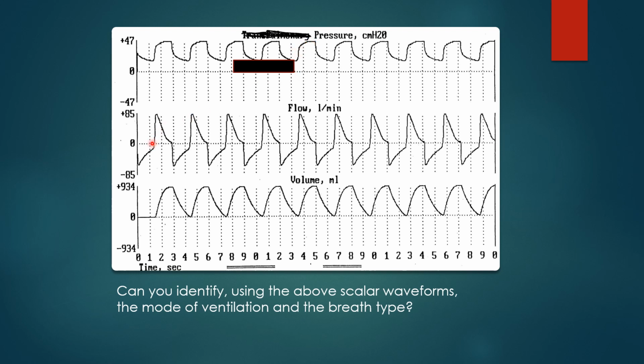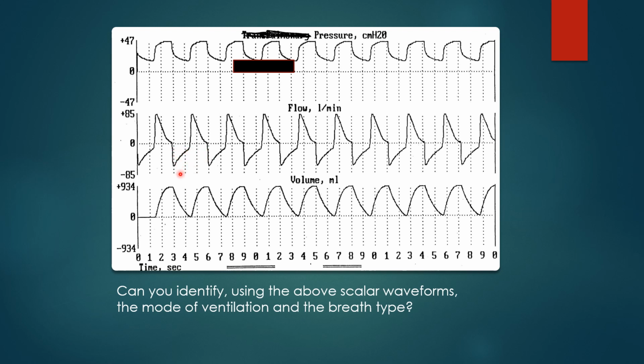The inspiratory time and the expiratory time are what? Any guesses? How about 1.5 seconds on inspiration? And what's expiratory time? Looks like about 1.5 seconds. So what's our IE ratio? Our IE ratio is 1 to 1.